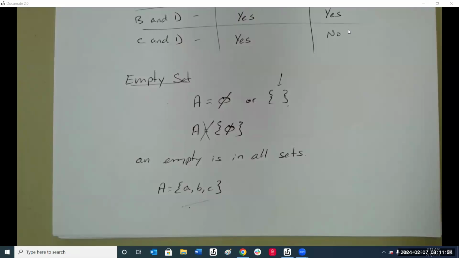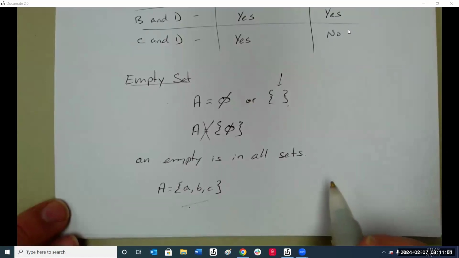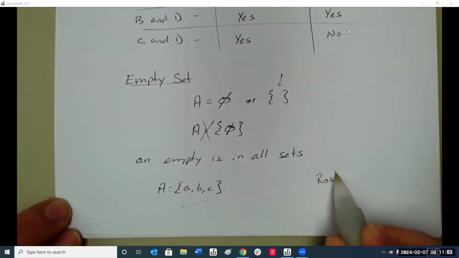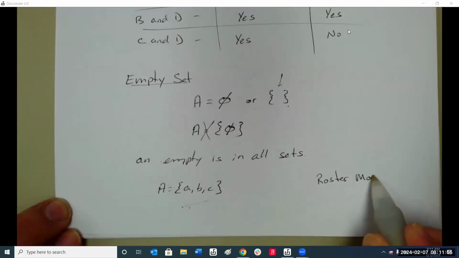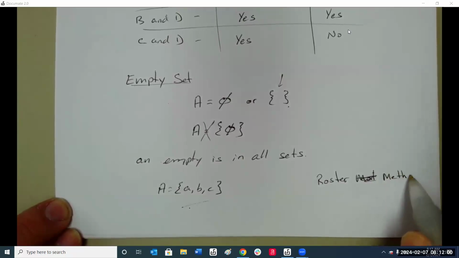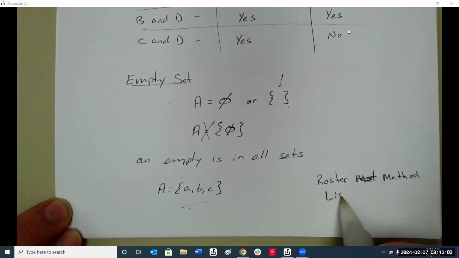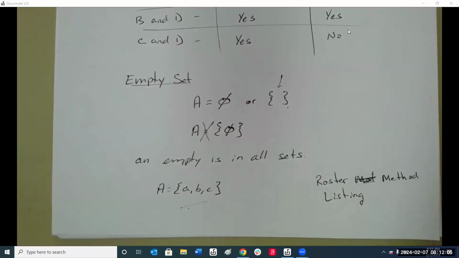It has one of two names. The roster method or what? Just listing, right? Very good. Because here I'm listing the elements.